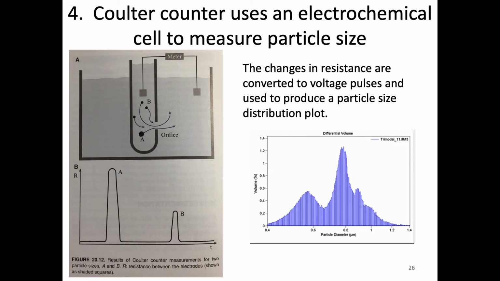That's converted into these voltage pulses, which can be used to give us particle size. This differential volume here equates to 0.8 microns, this one closer to 0.5 over here, and so it can give us a distribution plot of the various sizes in this material.